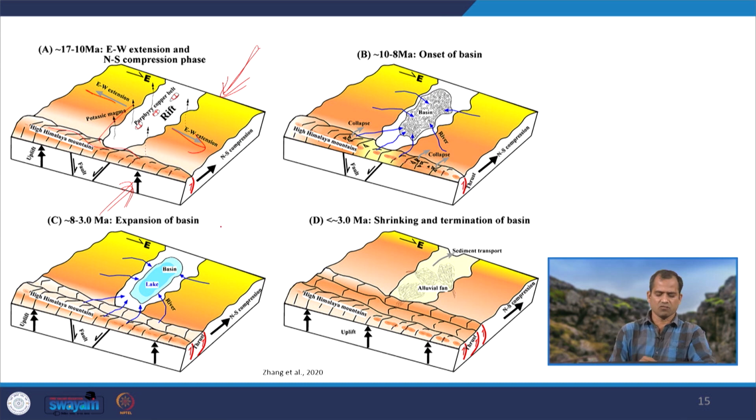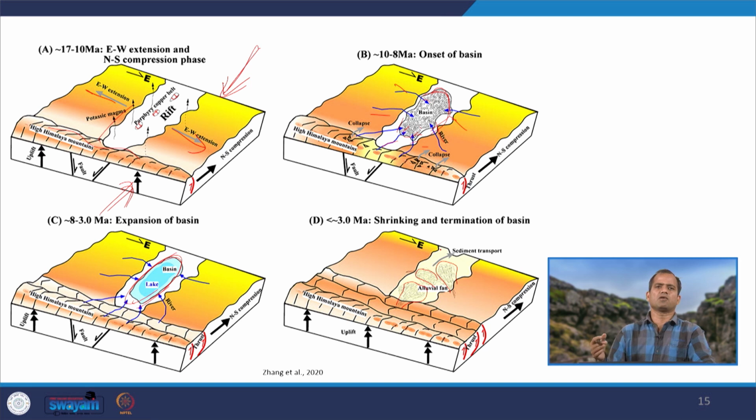And finally, we are creating these rift basins, and they are filled by conglomerates and younger sediments derived from the surroundings and from the Himalayas, and gradually the size is increasing and it is occupied by lakes, and different alluvial fans, mega fans, are depositing here and filling these basins.